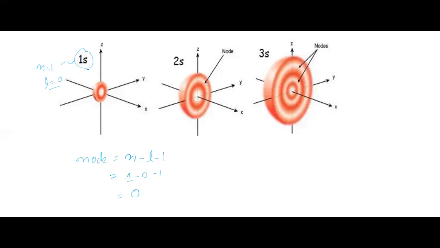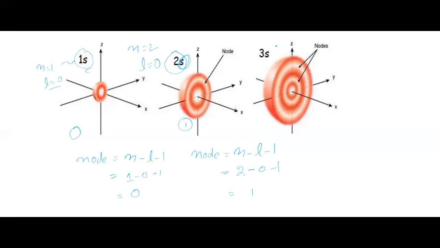So in case of 1s, the number of nodes is 0. In case of 2s, we write the formula nodes = n - l - 1. The value of n is 2. The value of l is 0 because it belongs to the s subshell. So 2 - 0 - 1, so the number of nodes is 1.